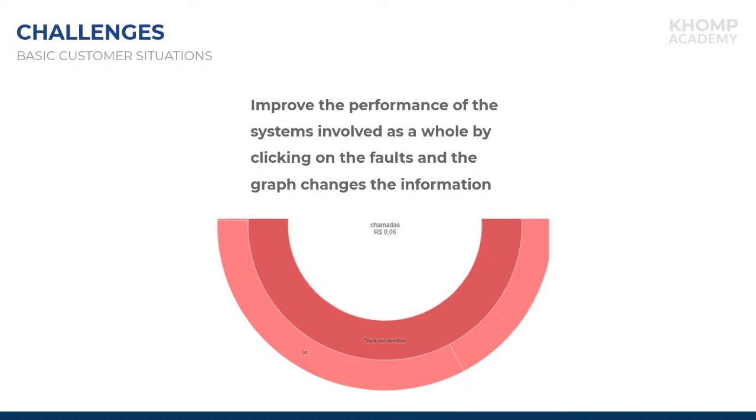And at the end, the real challenge is to improve performance. So what you really want to achieve is to do more with the same thing that I have. Sometimes you can do even more with what you have.